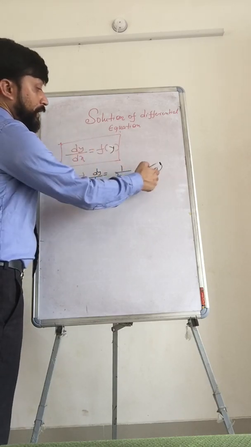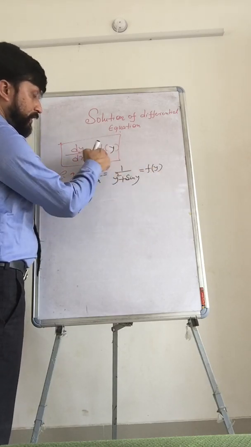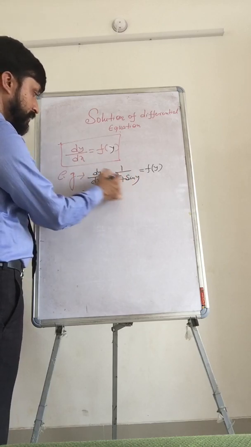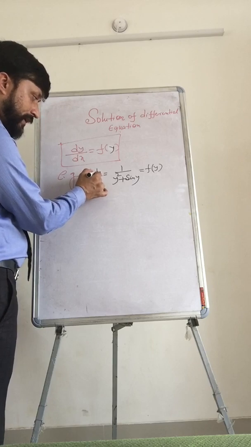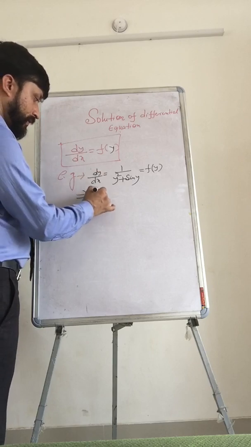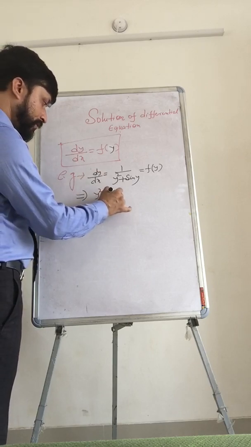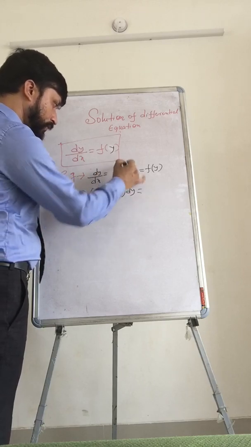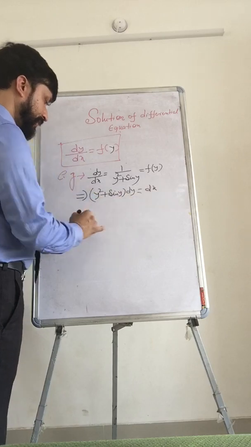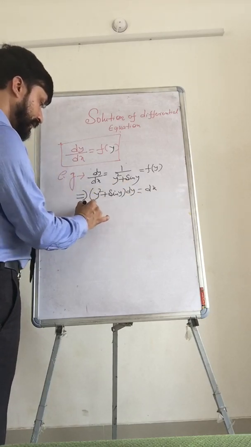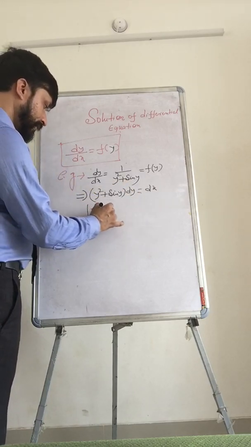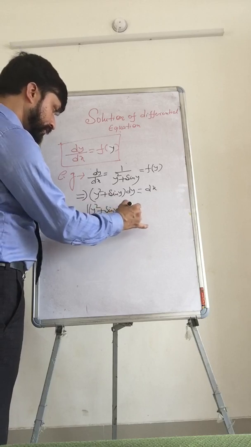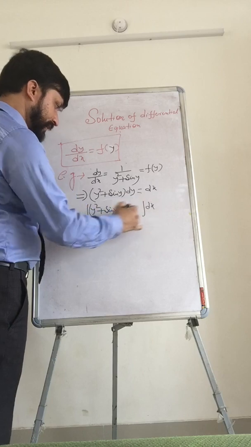If it is in this form, then what will we do here? We will bring this to the side containing dy. So we get sin y dy, and this will go here as dx. Then integrate both sides. On integrating, we get this.